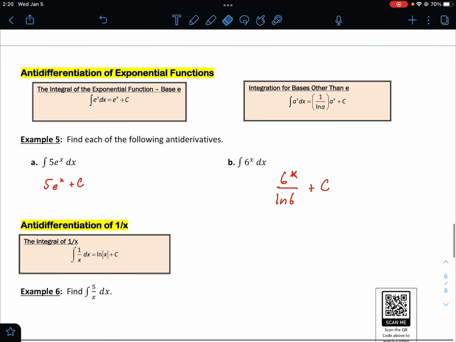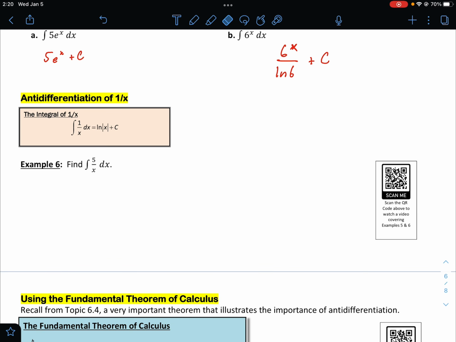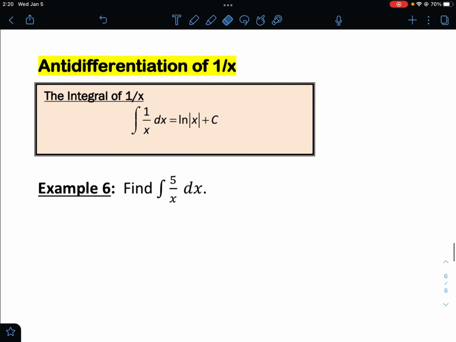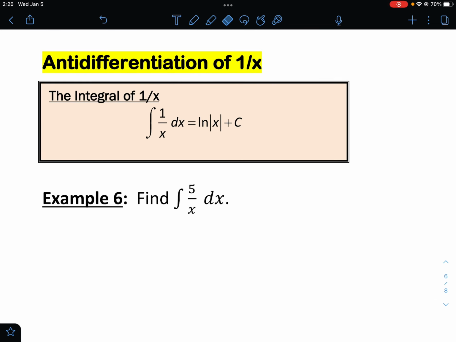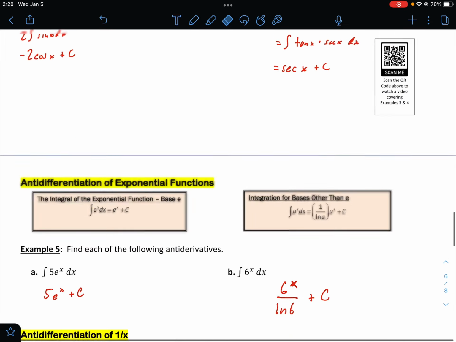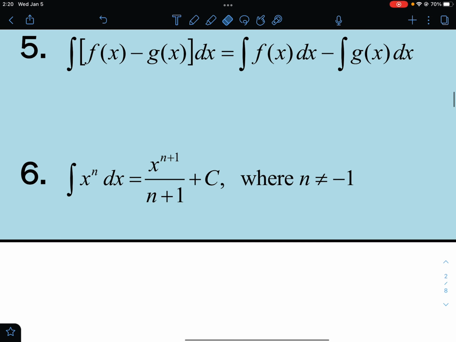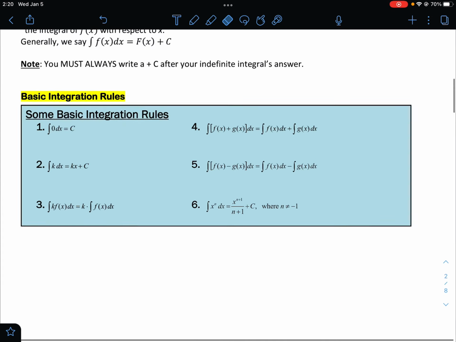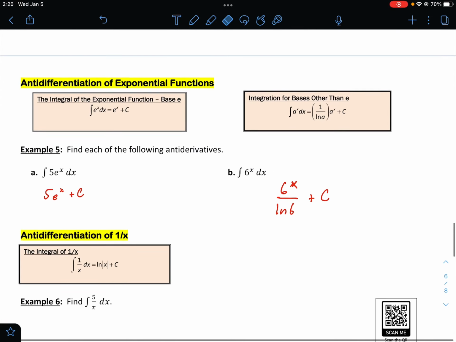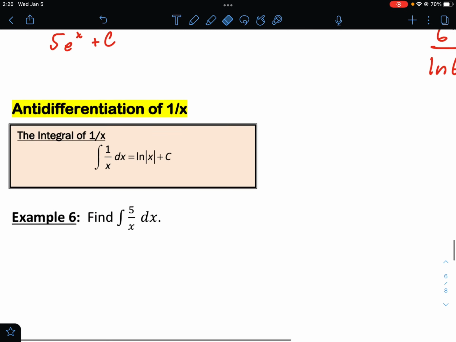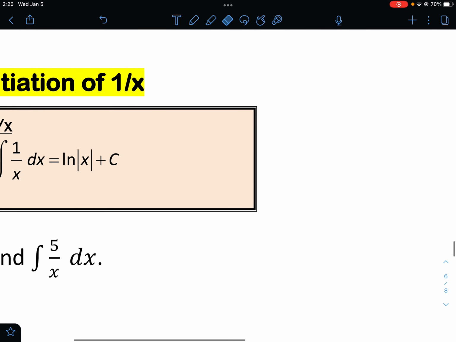All right, one more rule. The antidifferentiation of 1 over x. This is one that will be used a lot. So remember all the way back in the beginning when we did the power rule. Let's go back there. We said it doesn't work if n is -1, right? So in this case, remember that 1 over x is the same thing as x to the negative first, right?